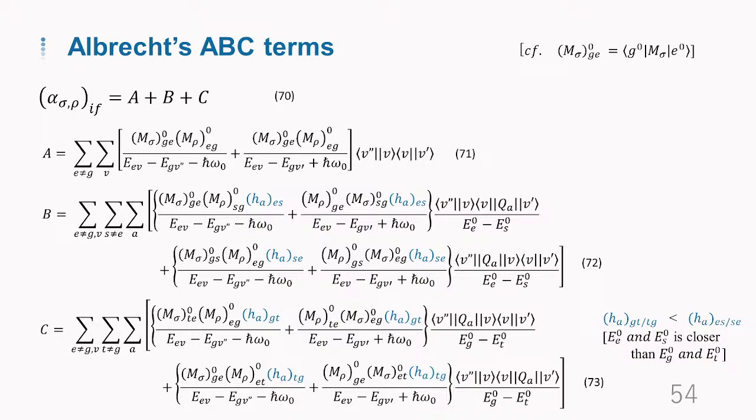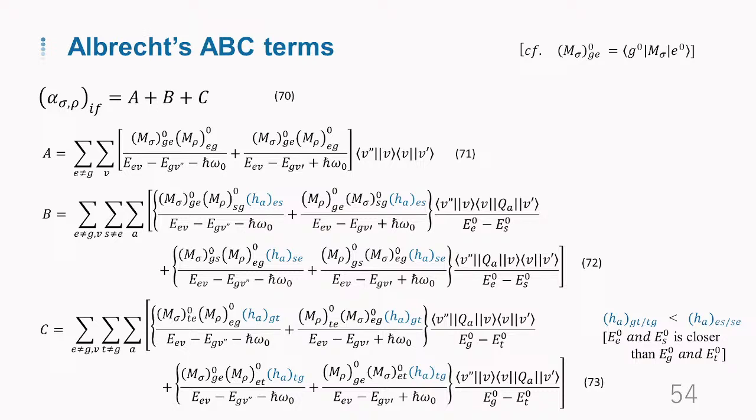So this mixing term is larger than this mixing term. So typically, A is the largest contribution. B is the second largest contribution. And C is negligibly small in most cases.